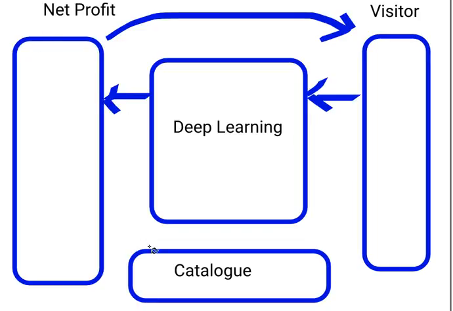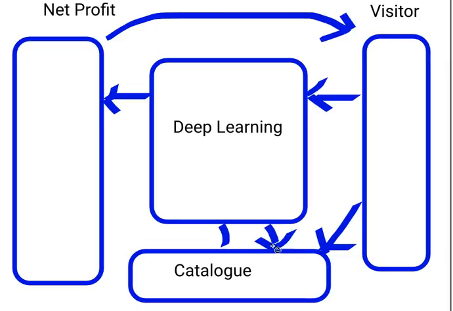Now, in practice, what is actually going on is the user is interacting with the catalogue, and the catalogue is then linked in to the learning process. So we've got a connection here, and then we have a connection based on the decisions being made back into the catalogue. So we've got another connection going the other way.